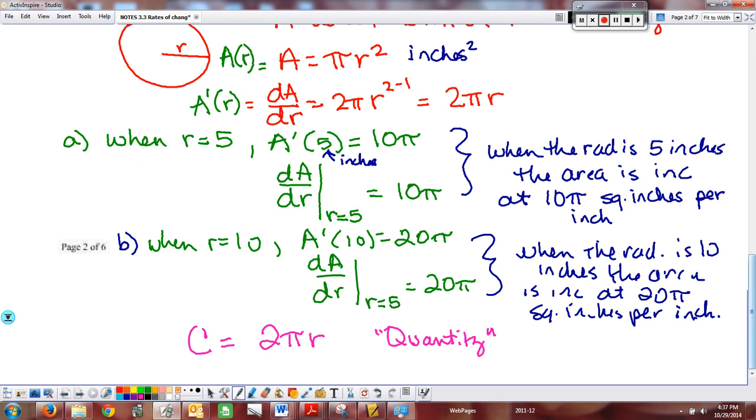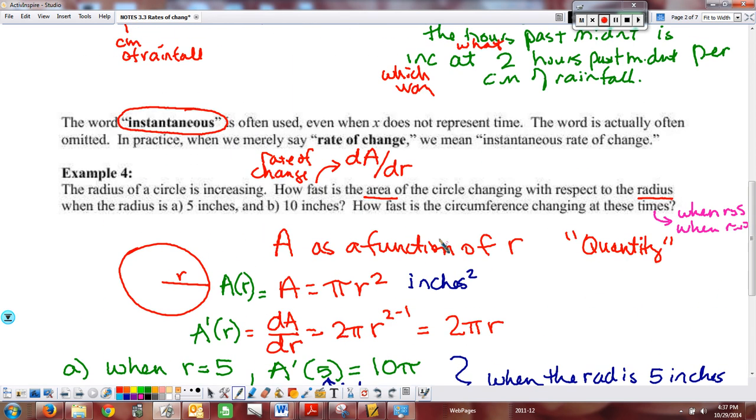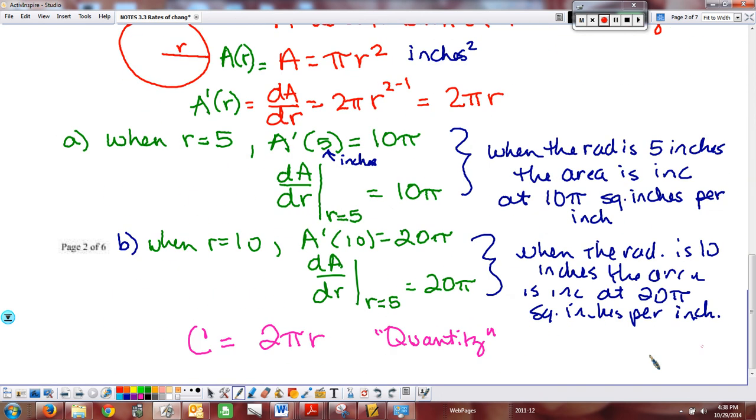We're interested in how fast the circumference is changing. So how fast is a rate of change? And that rate of change is going to be the change in the circumference with respect to the radius. So I'm looking for dC/dr.